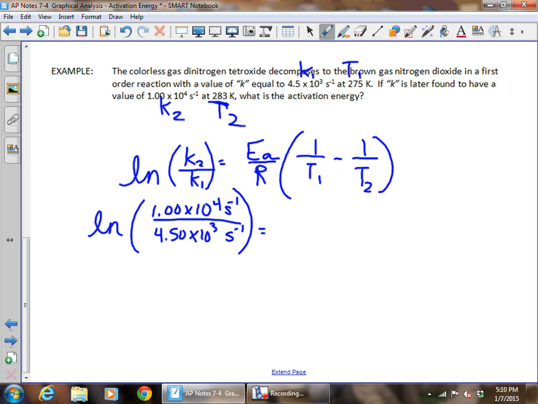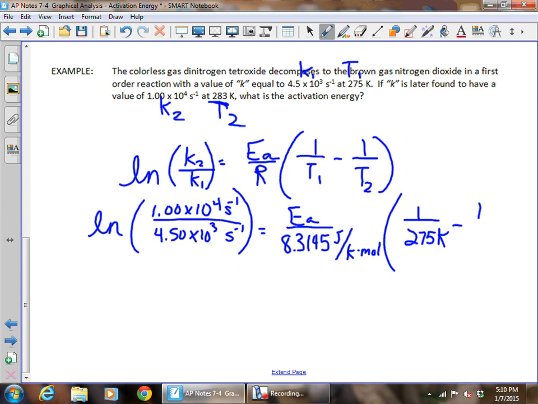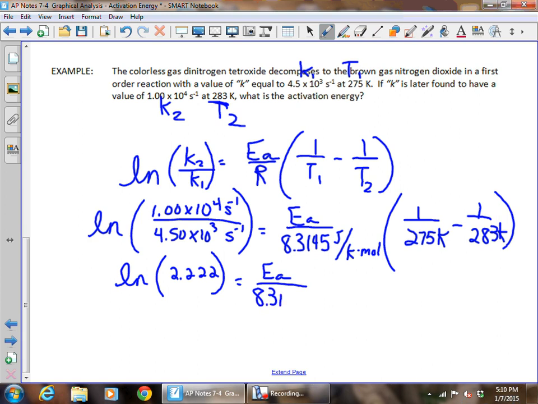E sub A is what we don't know. Our R value, remember, is the 8.3145 joules per Kelvin mole. And our temperatures are 1 over 275 kelvins minus 1 over 283 kelvins. When you divide this, you get 2.222, equal to E sub A over 8.3145, again, joules per Kelvin mole.